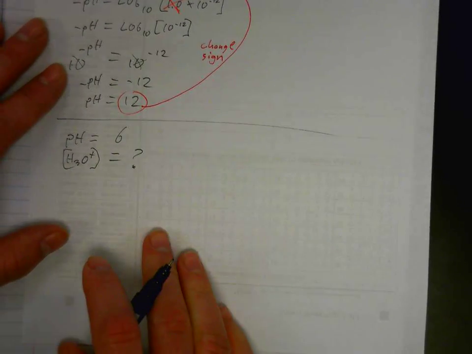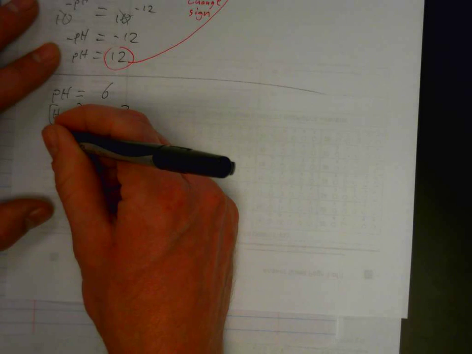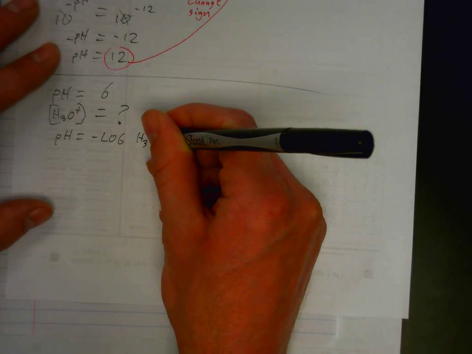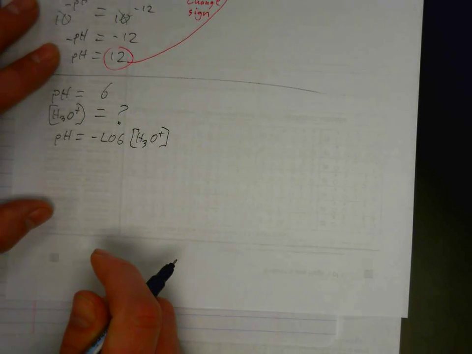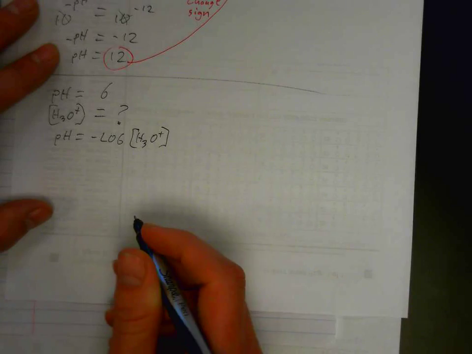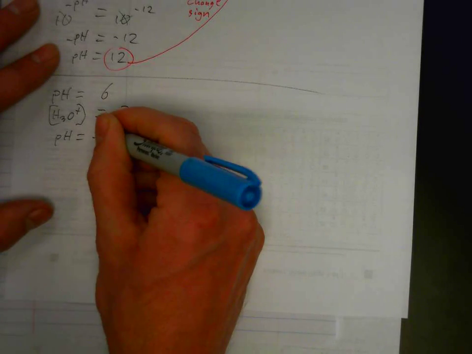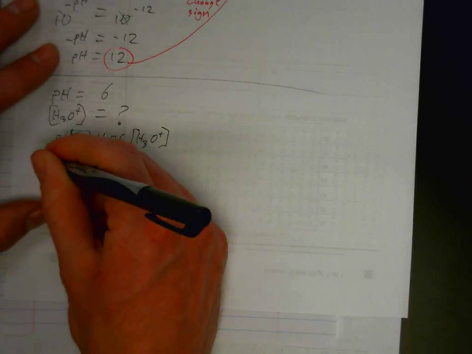We know that the pH is the negative log of the hydronium ion concentration. Well, we can move this around. We can plug in our base, which is 10, and move that negative over here. So we now have this expression: the negative pH is the log base 10 of the H3O plus concentration.